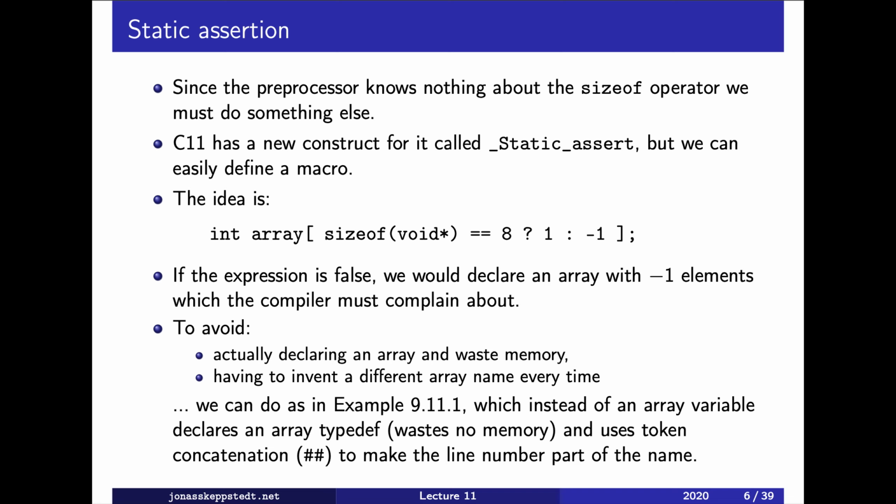Okay, and what I mean is the trick to make an array of a negative number of elements to get the compilation error, but you don't have to bother about learning exactly how this token concatenation is involved in this. Okay, I once had it as the last question on an exam in the C course, and not very many could answer it properly.